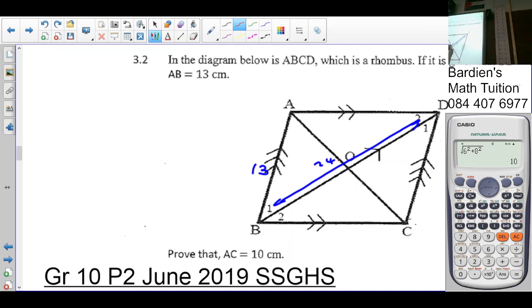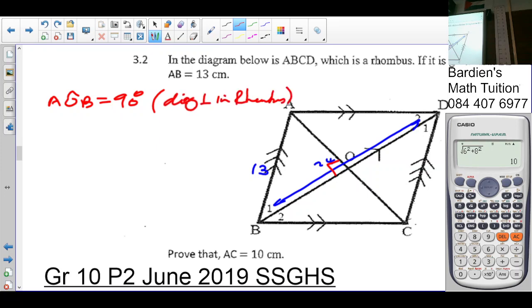So firstly, we need to say that that angle is 90 degrees, because Pythagoras can only be applied in a right-angled triangle. So we firstly say that angle AOB is equal to 90 degrees. Why? Because the diagonals are perpendicular in a rhombus.